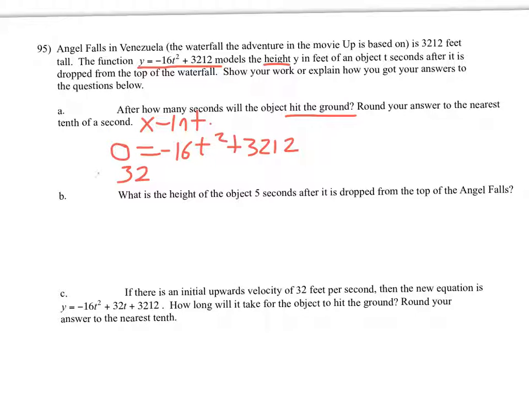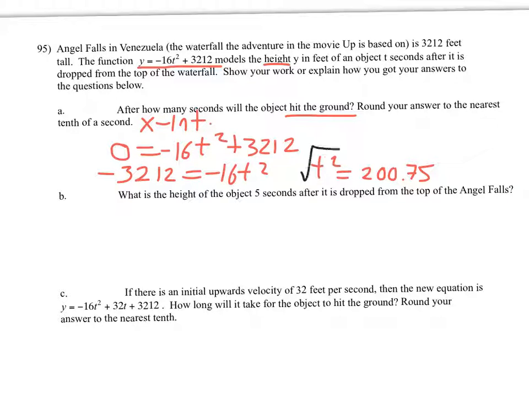So we get -3212 is equal to -16t squared. And then if you divide those, 3212 divided by 16, you get that t squared is equal to 200.75.